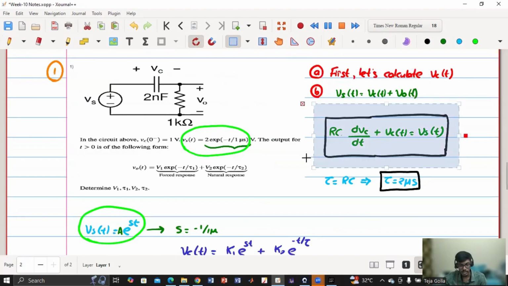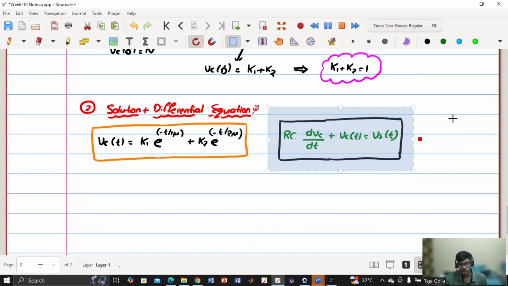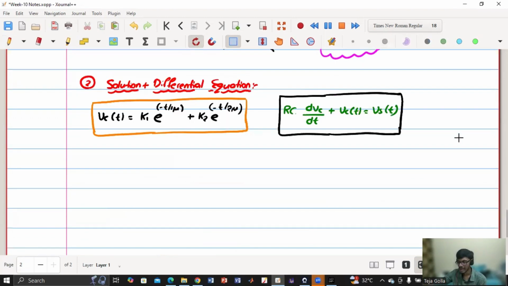When you are substituting, you can substitute only the input. You need not substitute the natural response because the natural response will anyway get cancelled. But if you are unsure, let us substitute the whole expression and see what will come. So RC is 2 micro as it is the time constant. So 2 micro into dVc by dt.